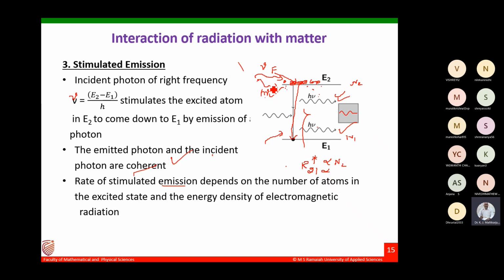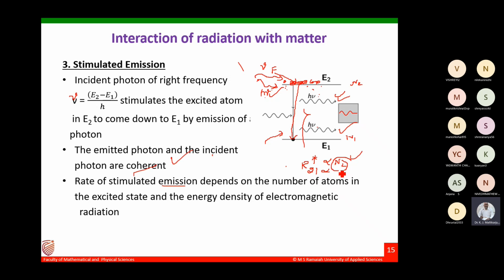It is very much similar to that 1000 rupees example: how many thousands your father gives matters, you can get so many dresses. That's why the energy density is also important, and how many atoms are excited and willing, if you consider.